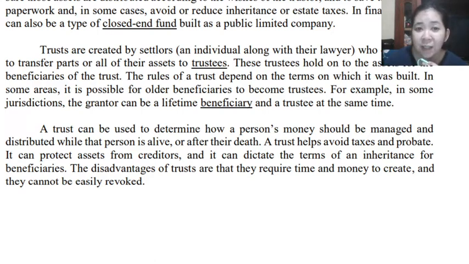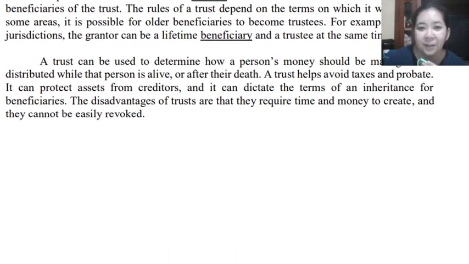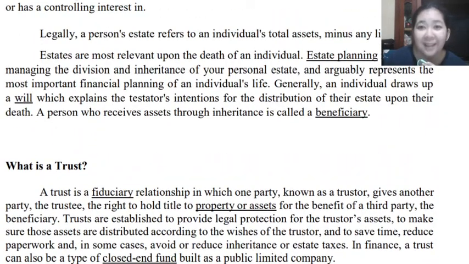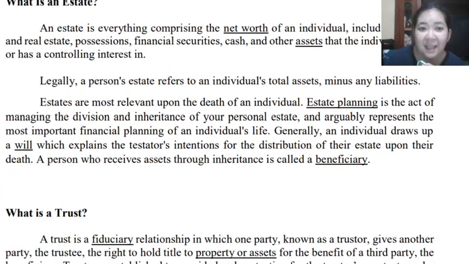The disadvantages of a trust are that it requires time and money to create, and it cannot be easily revoked because it has a contract which governs this setup. So this is what we call a trust. Those are estates and trusts.